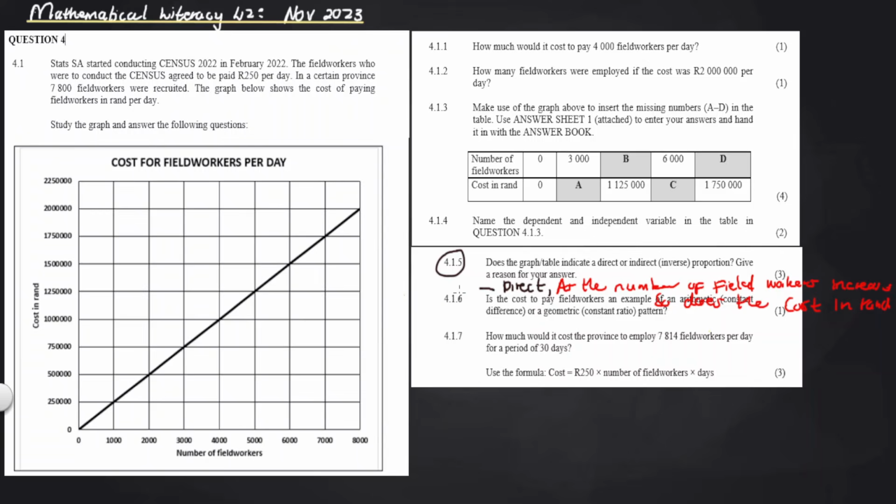Then go to 4.1.6: is the cost to pay field workers an example of an arithmetic constant difference or a geometric pattern? All right. Should I erase? Yes, we can.